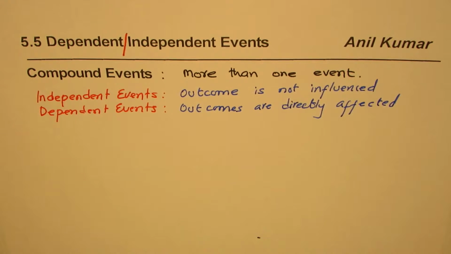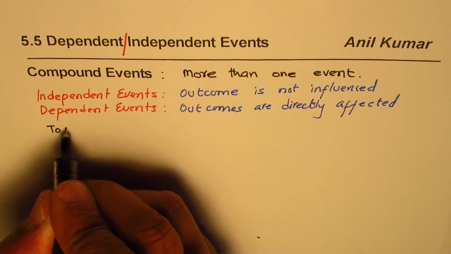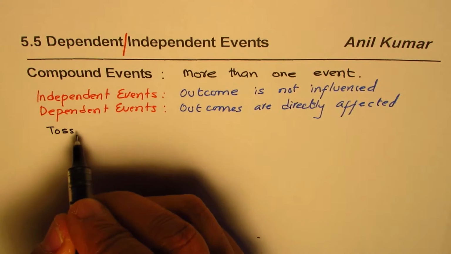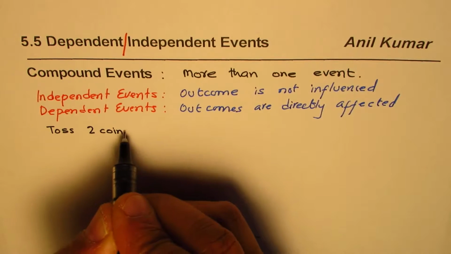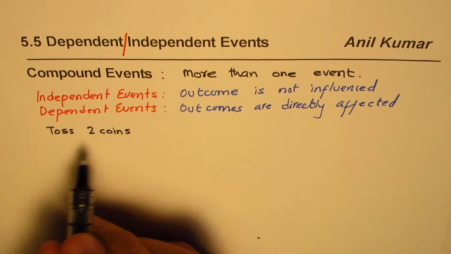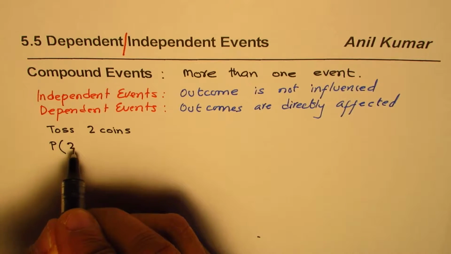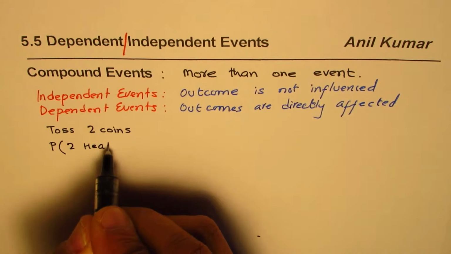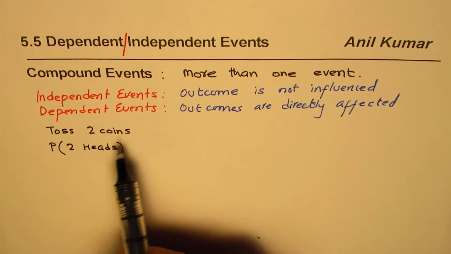Now, let us take a few examples. For example, let us consider the event of tossing a coin. Let's say we toss two coins, and we want to know the probability of getting two heads. In this case, each event is independent.